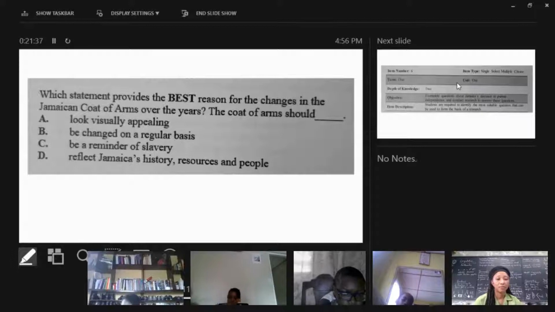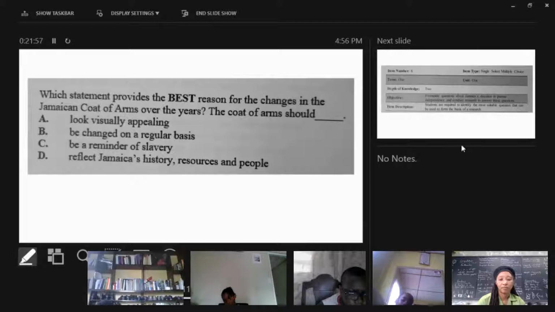The coat of arms should A. Be visually appealing, B. Be changed on a regular basis, C. Be a reminder of slavery, and D. Reflect Jamaica's history, resources, and people.